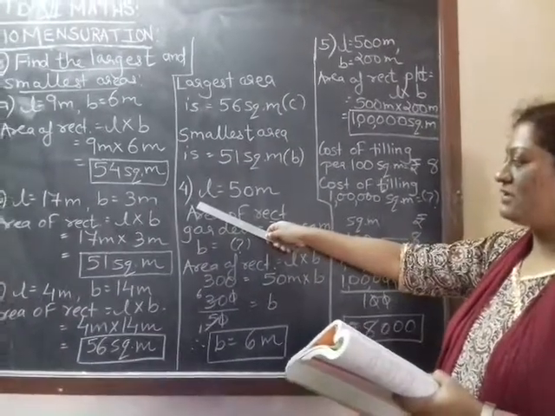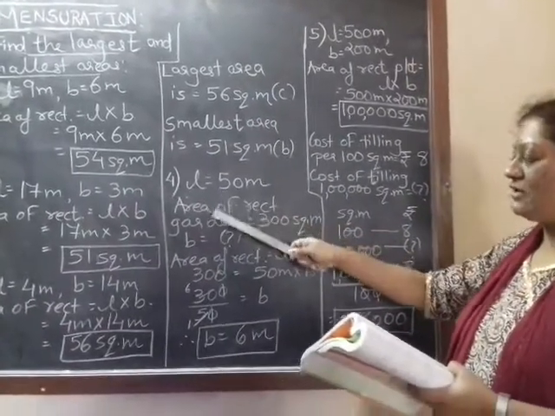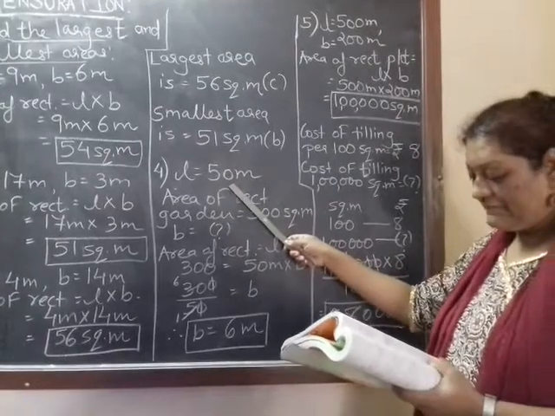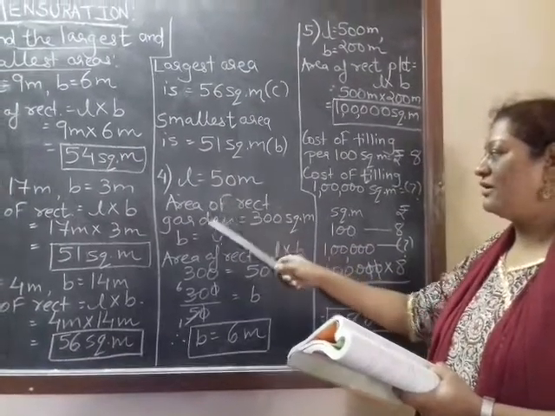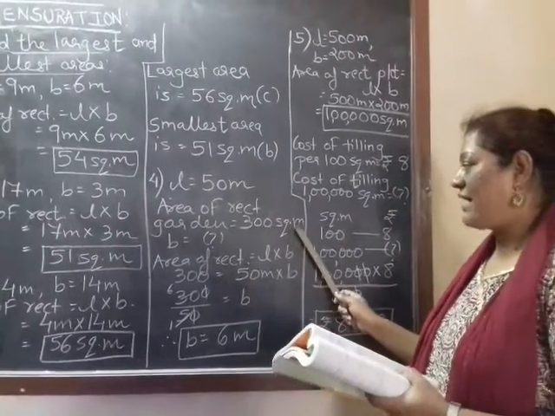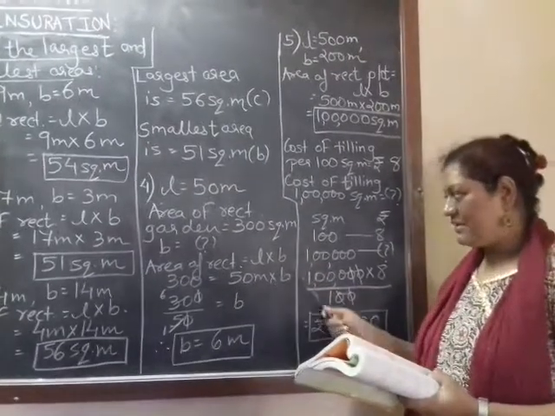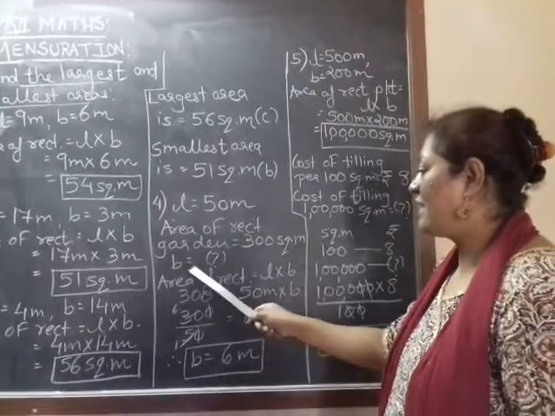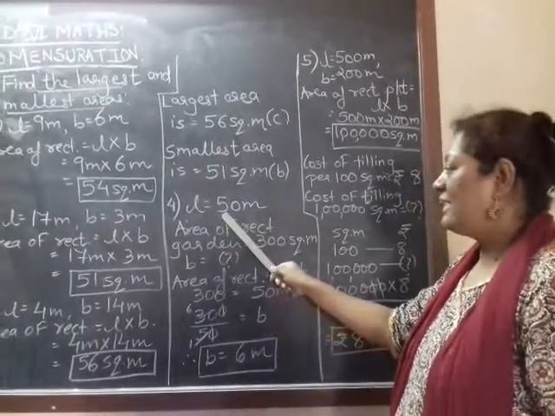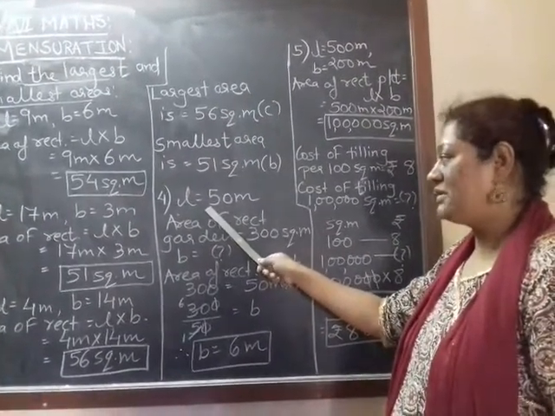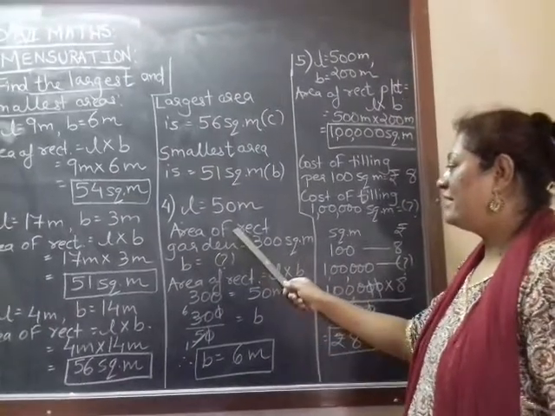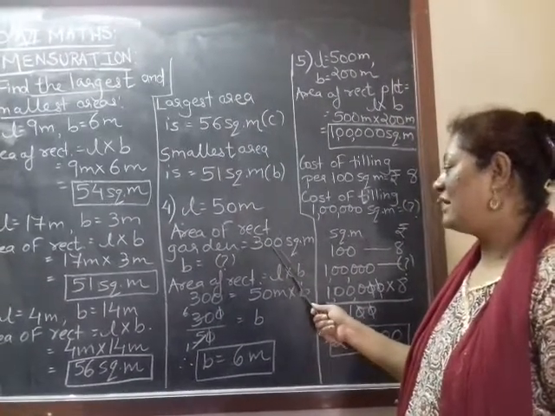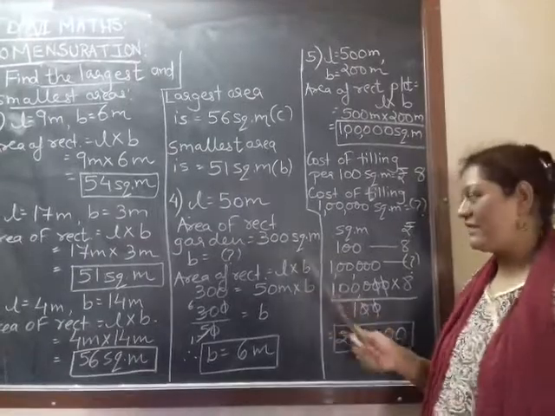So here in question number 4, the length of a rectangular garden is given as 50 meter and the area of the rectangular garden is 300 square meter. Square meter means it will be area. So here 2 things are given and we have to find out the breadth.